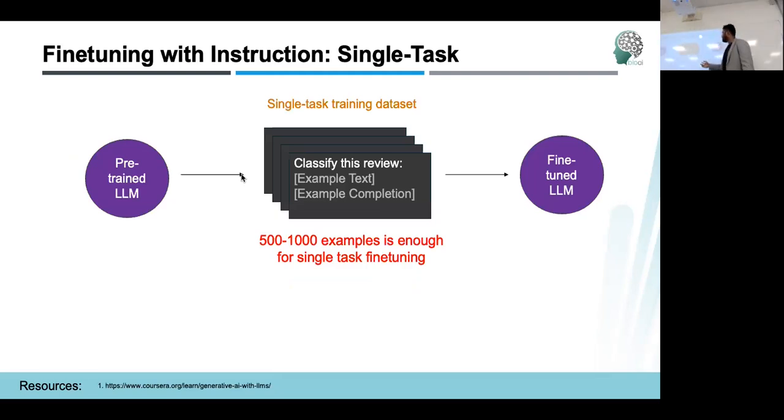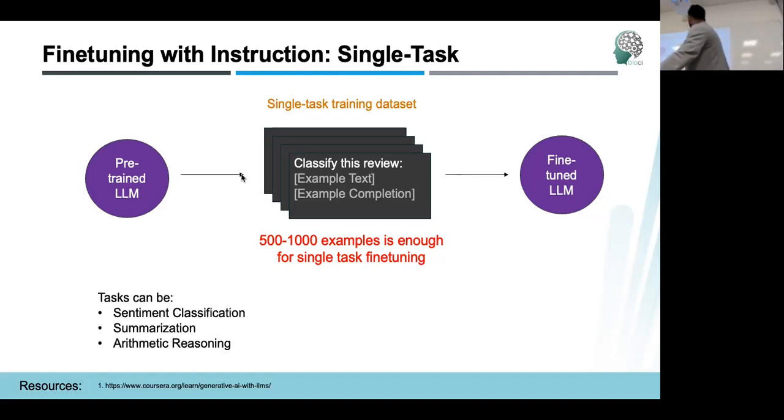In single task, let's say you want a fine-tuned model which can classify reviews. You take a pre-trained model for this specific task, you create a labeled data set, and you train your whole model on this data set. You don't need huge data; 500 to 1,000 examples are typically enough to fine-tune your model for a single task.